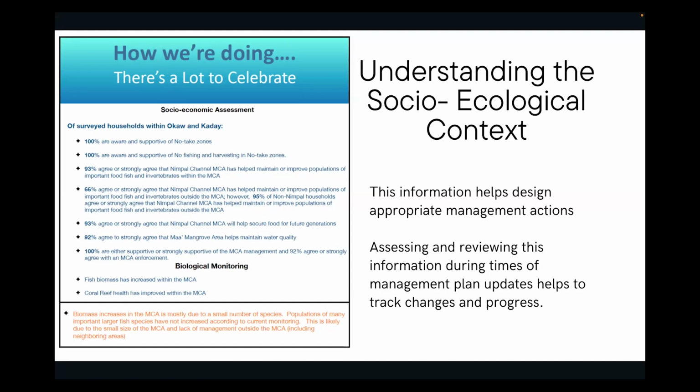So looking at this socio-ecological context before they updated their management plan helped them see what's happening in the community. What do people support? Where are there some challenges with maybe community perceptions? And what does our biological data show us?